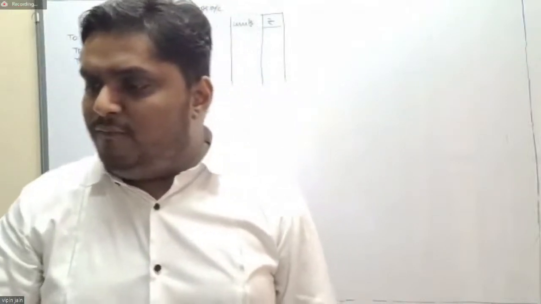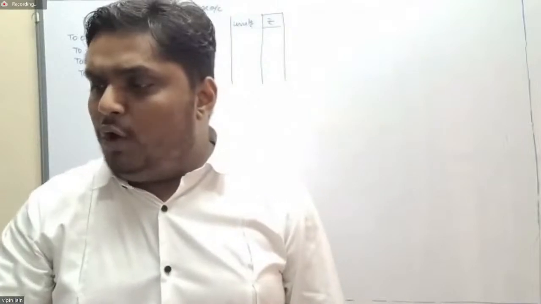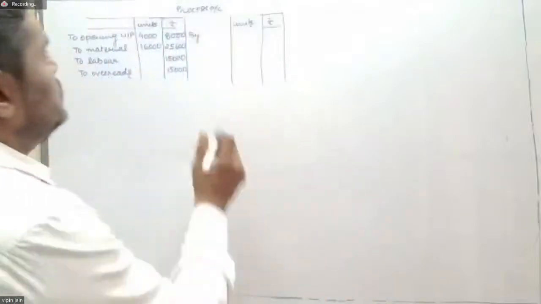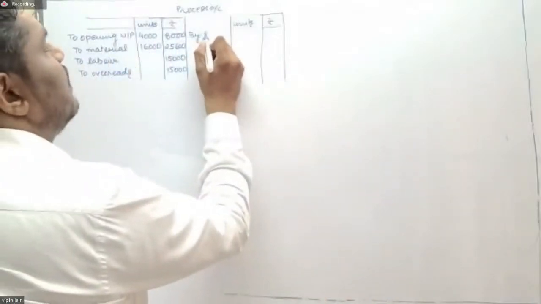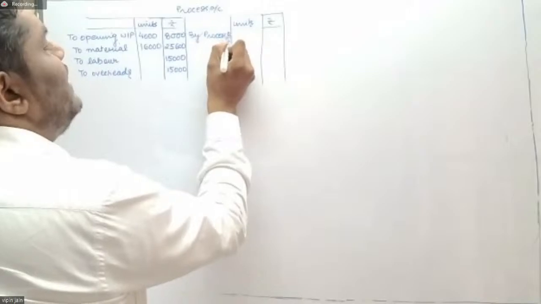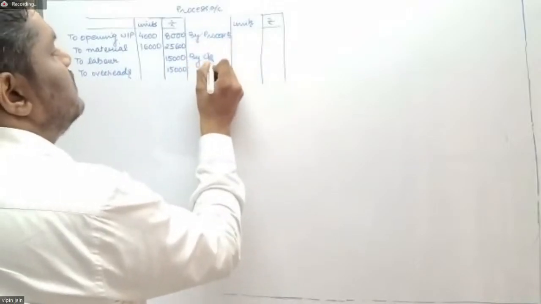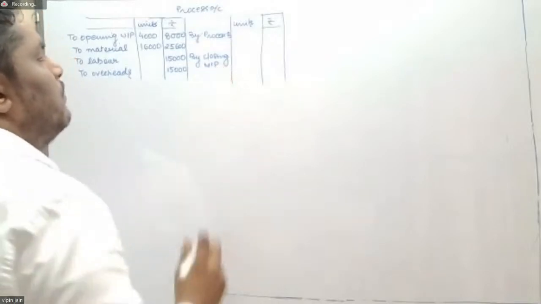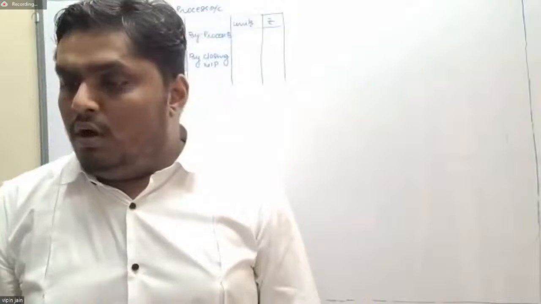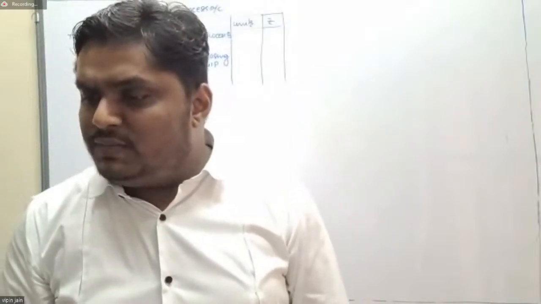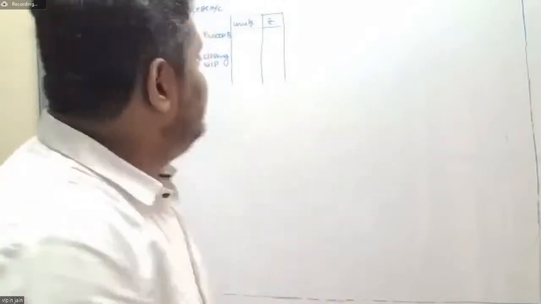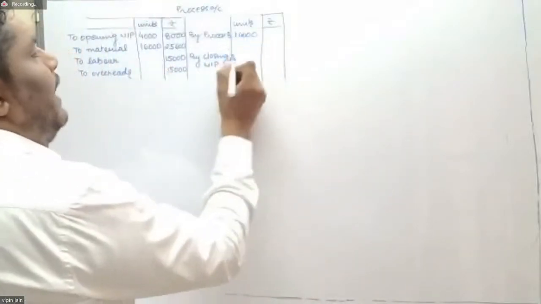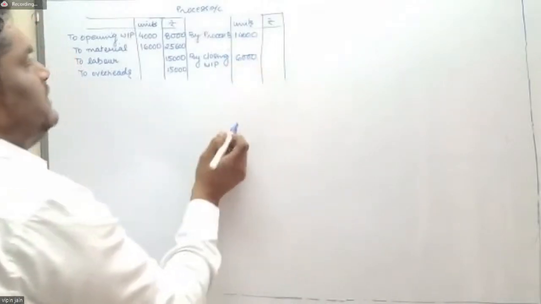In this question, there is no normal loss and abnormal loss involved. So ignore this part. So by process B and by closing work in progress. The units that are transferred to the next process is 14,000. And still that are in process is 6,000.